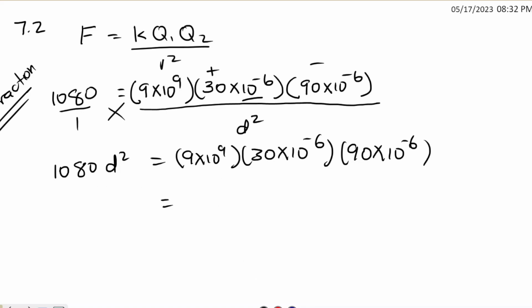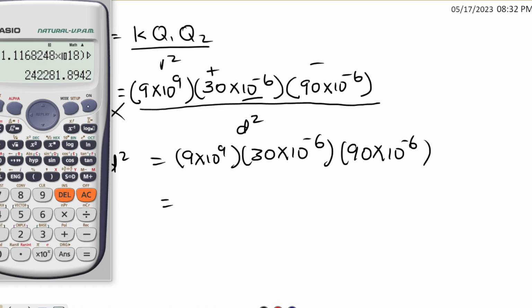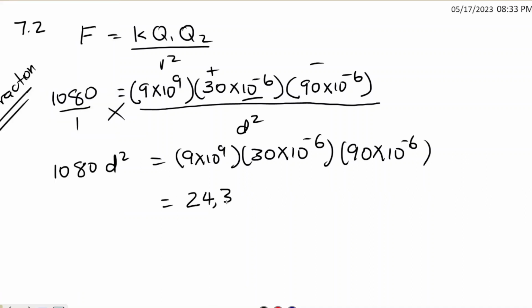So let's punch that on the calculator. It's 9 times 10 to the power 9, then 30 times 10 to the power negative 6, then 90 times 10 to the power negative 6. Now the value on the right is 24,3.